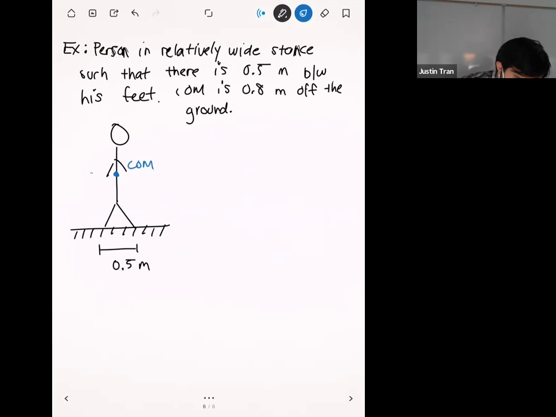Let's say that this distance right here is 0.8 meters. All right. And so for this problem, we're going to compute how much the body can rotate before he starts to lose his balance.